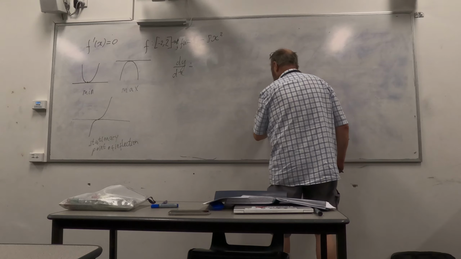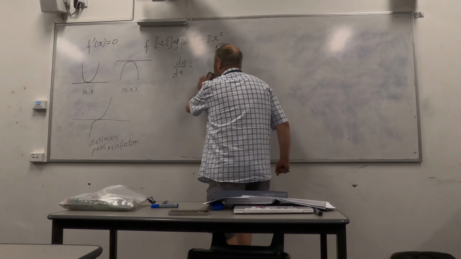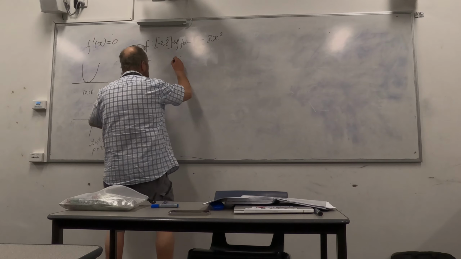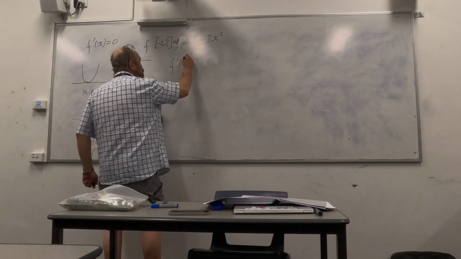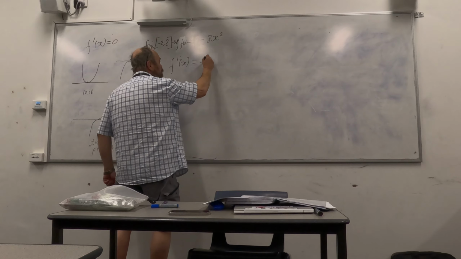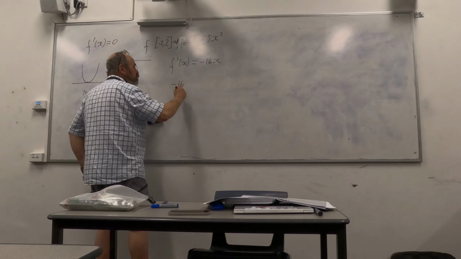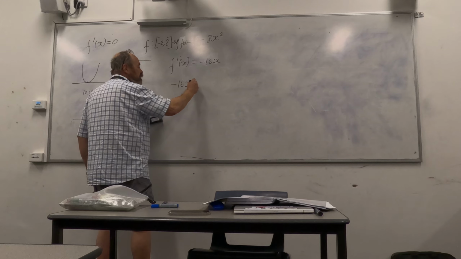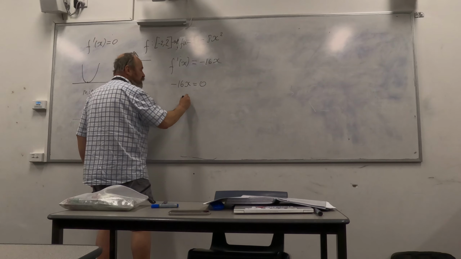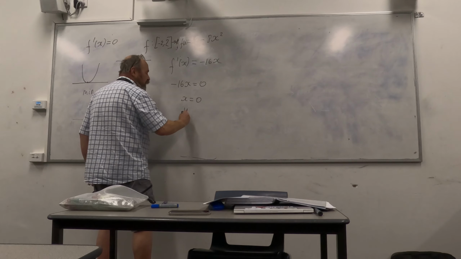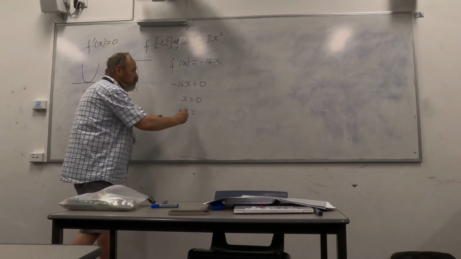First, let's find f dash of x, which will be pretty simple in this case, equal to -16x. Equalize it to 0: -16x equals 0, x equals 0, and y equals 2.